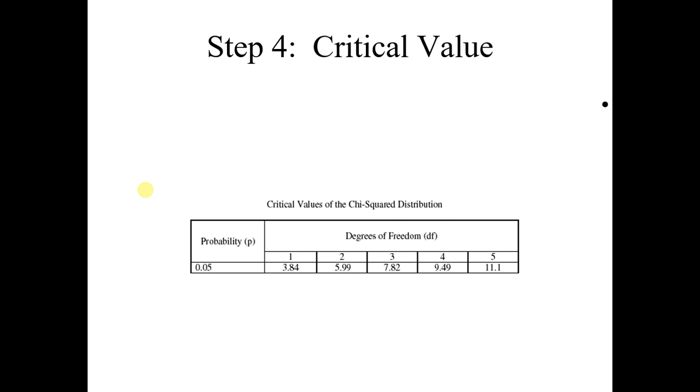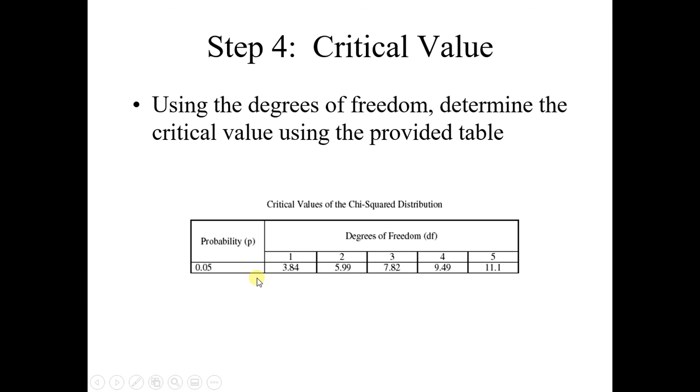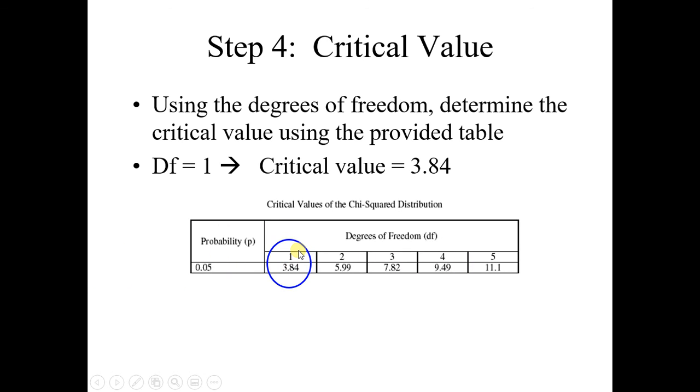And what we're going to do is go to the column with our appropriate degrees of freedom here, and we're going to compare our chi-square value to this number in the first row. So we call this number here a critical value. So this is the number we're going to compare to.